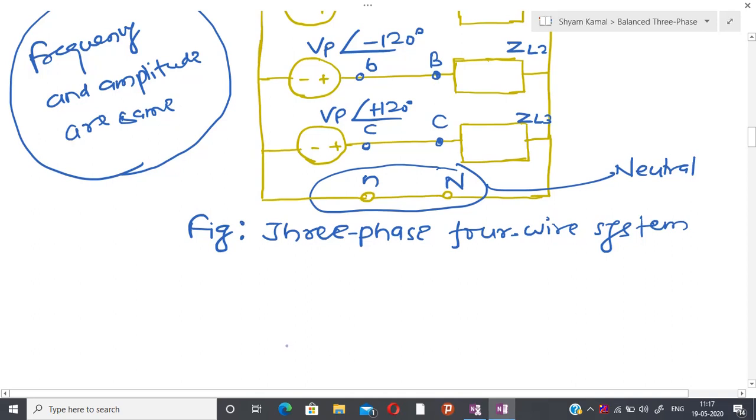So what is the most important point, that nearly all electrical power is generated and distributed in three phase at the operating frequency of 50 Hz, and in some parts of the world people are also using 60 Hz.